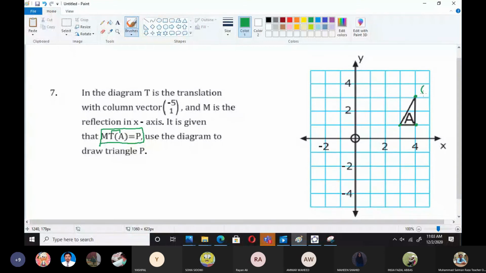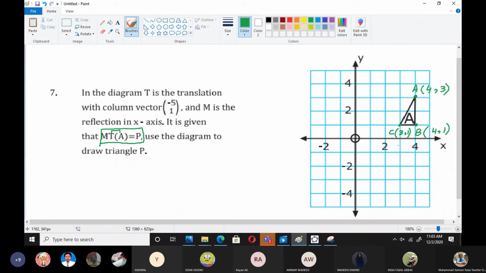So this is 4 comma 3 if it is A, and B is 4 comma 1, and C is 3 comma 1. You got it? 4 comma 1, 3 comma 1 and 4 comma 3. Okay?